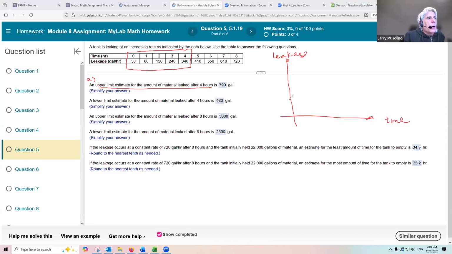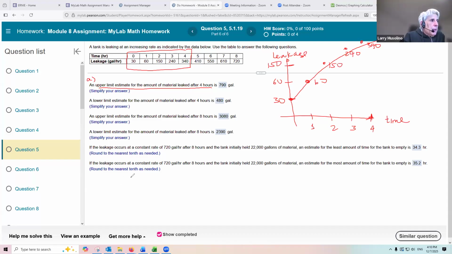All right, 0, 30, 1, 60, 2, 150, 3, 240, and 4, 340. Well, I could definitely see this as an increasing function.